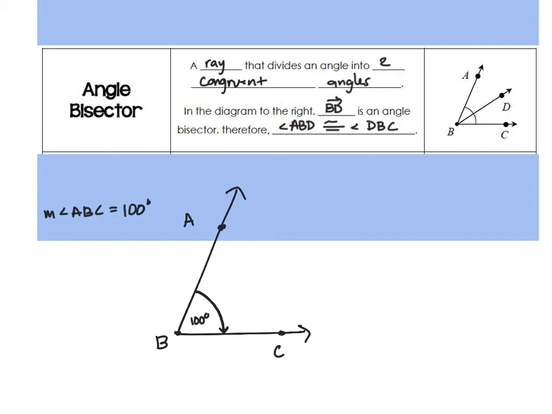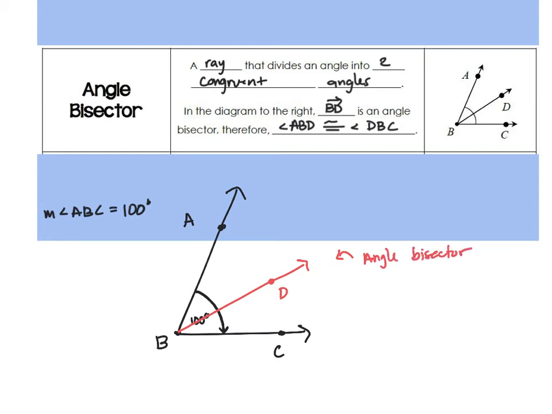Sorry about that. I accidentally turned off my iPad. But again, I am going to draw an angle bisector. And this is the angle bisector right there. Again, if it's not accurate, it's okay. And I'm going to call that ray BD. All right? Because I'm telling you that that's an angle bisector.